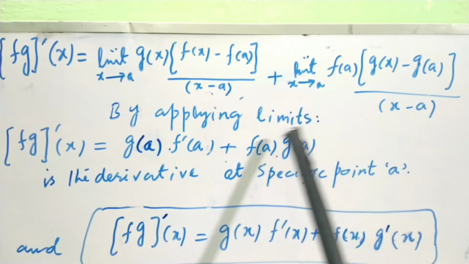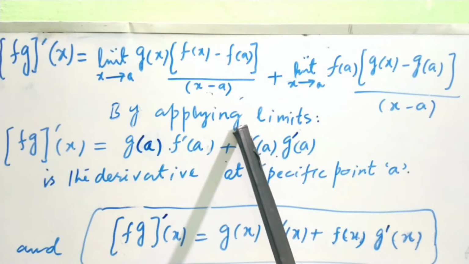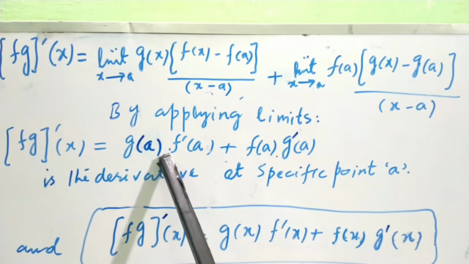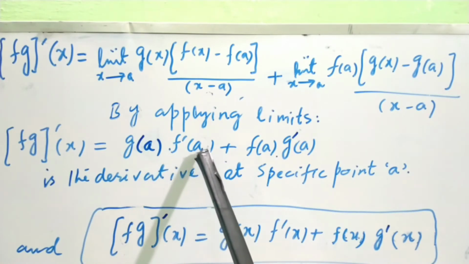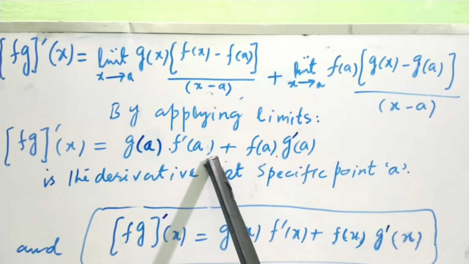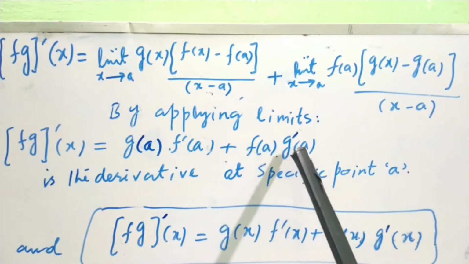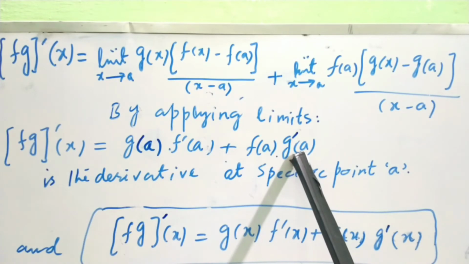So by applying the limit, putting x equal to a, what will happen? (fg)'(x) is equal to g(a) times f'(a), where f'(a) means the derivative of the function f(x) at a, plus f(a) times g'(a), that is the derivative of g(x) at point a.